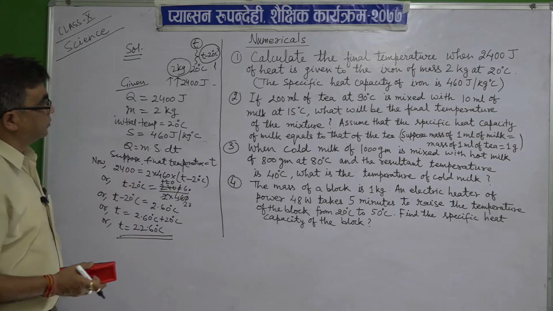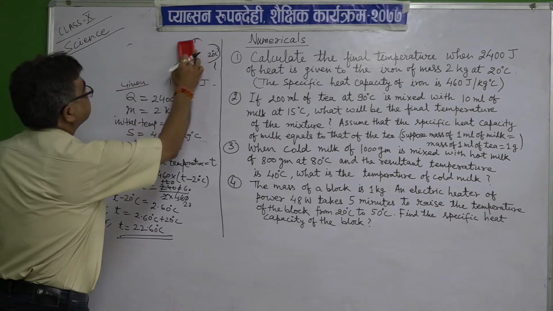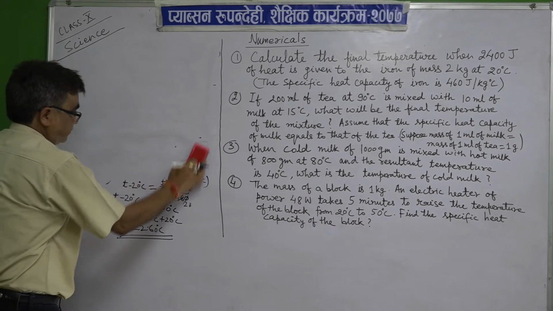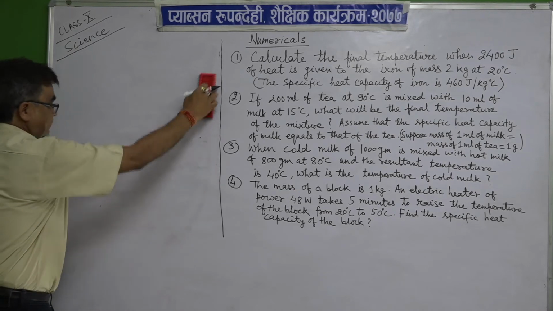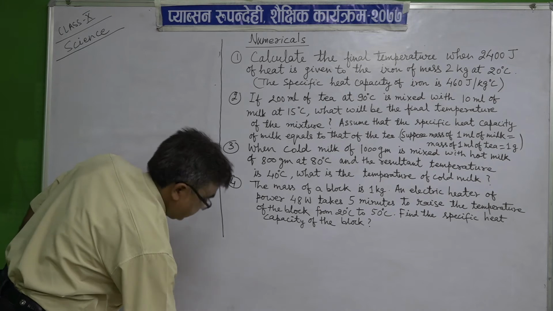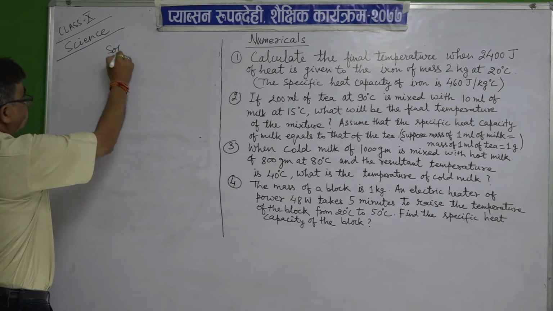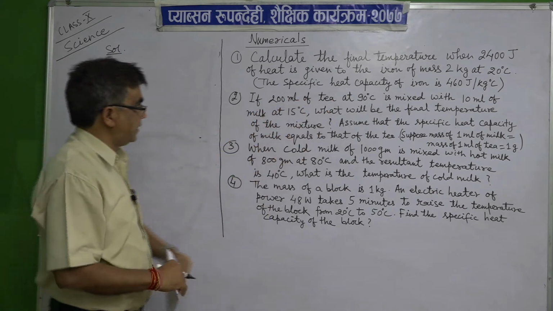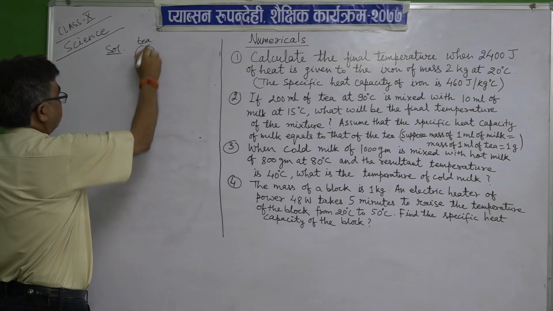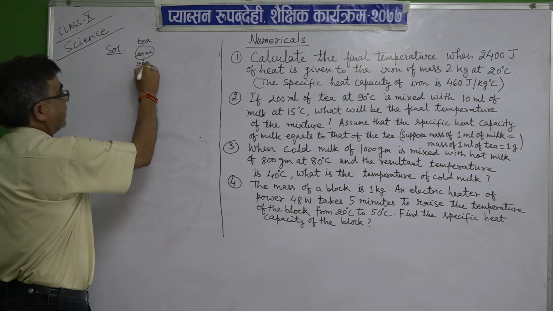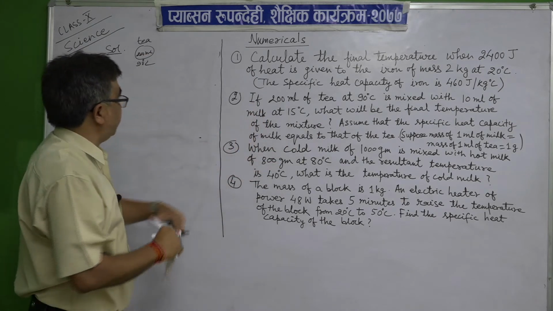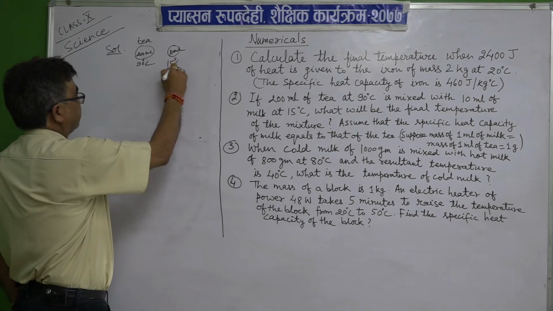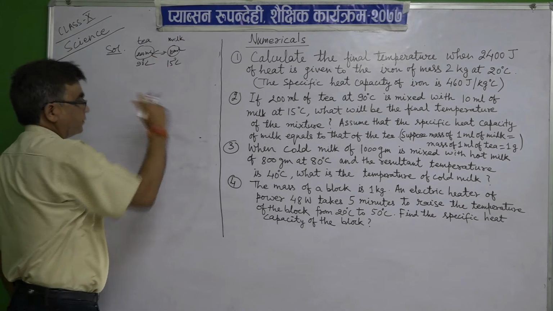Okay. Now, let us see number 2. Next question is: if 200 ml of tea at 90 degree centigrade, this is tea, suppose 200 ml at 90 degree centigrade is mixed with 10 ml of milk at 15 degree centigrade, this is milk, these two are mixed, clear?